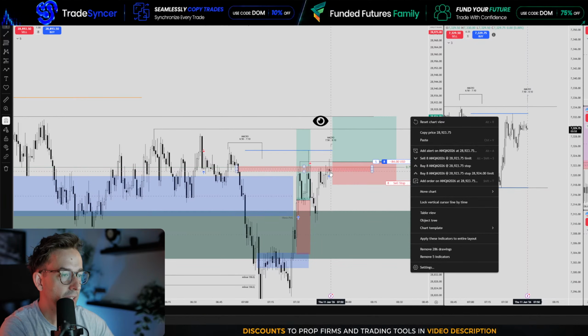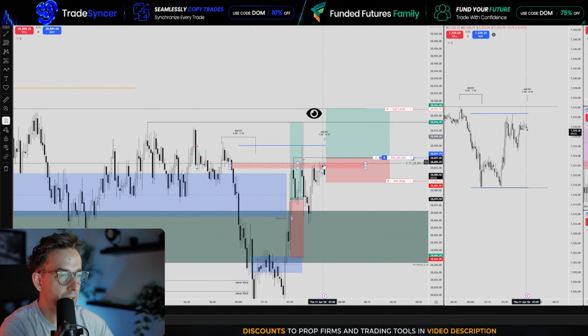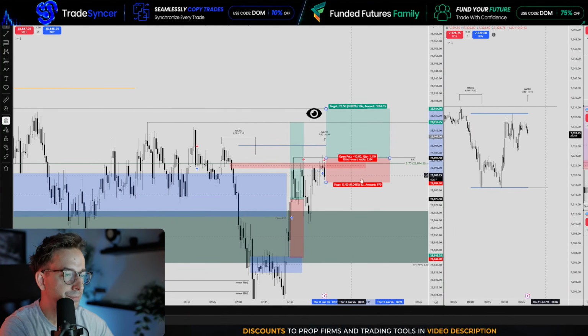That closure I did not like at all. I was anticipating it would close above this fair value gap here. I'm probably going to close this for half position. That closure I didn't like at all.